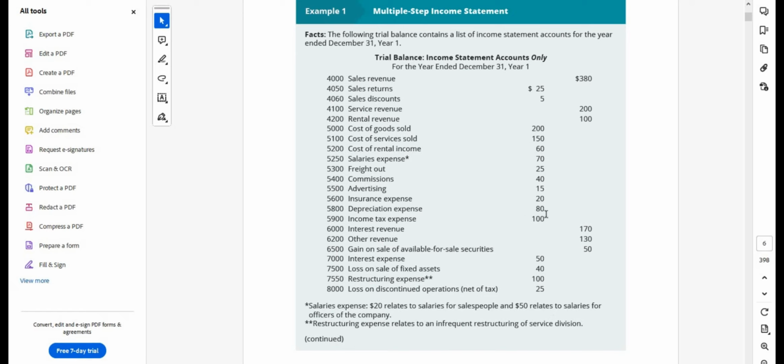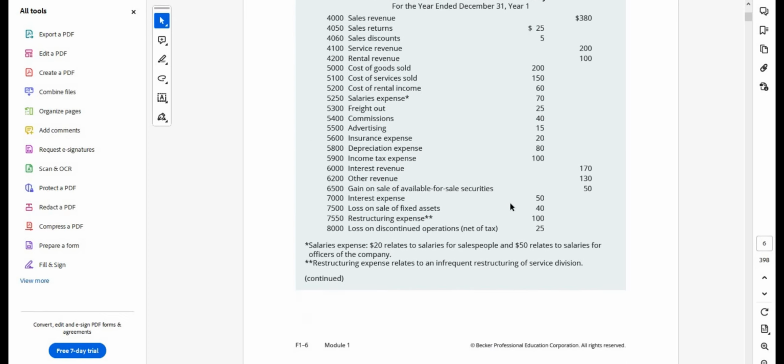So we have depreciation as 80, the general and administration salary of 50, and insurance expenses of 20.